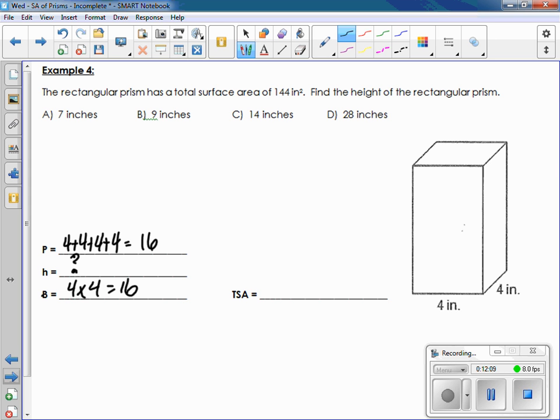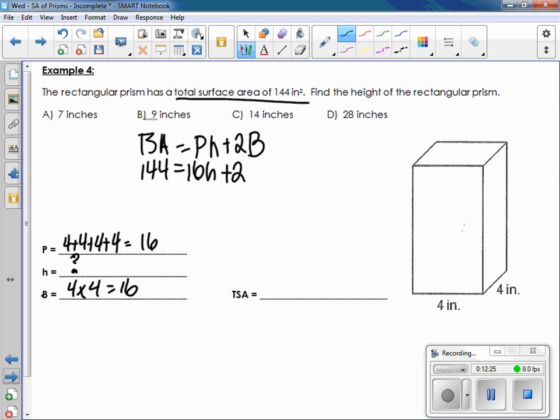So for my total surface area, my formula is perimeter times height plus 2 times the base. They told me total surface area was 144. I figured out the perimeter, but not the height. I do know that 2 times the base is 2 times 16.